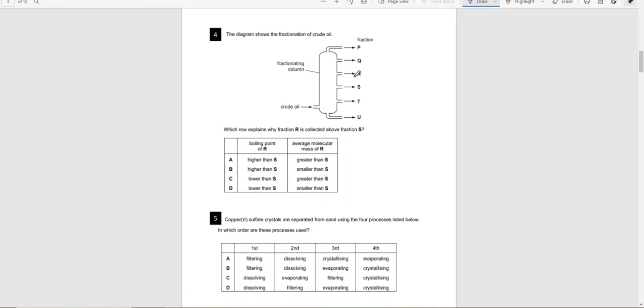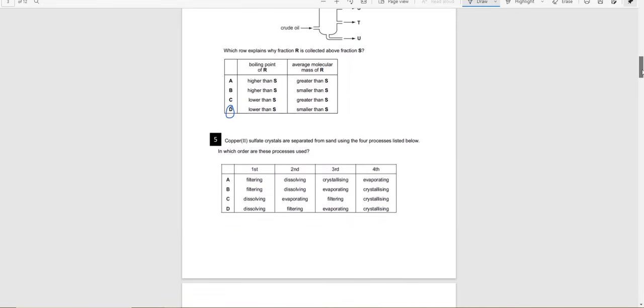It's lower than S. That's why it is going from a higher exit as compared to S. So A and B are both wrong because the boiling point of R is not higher than S. The boiling point of R is lower than S, and so is the mass. The answer would be D.